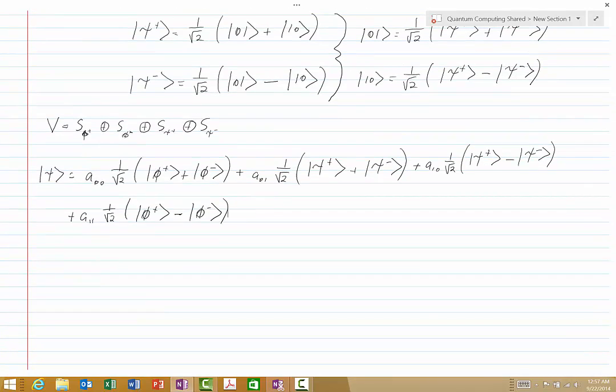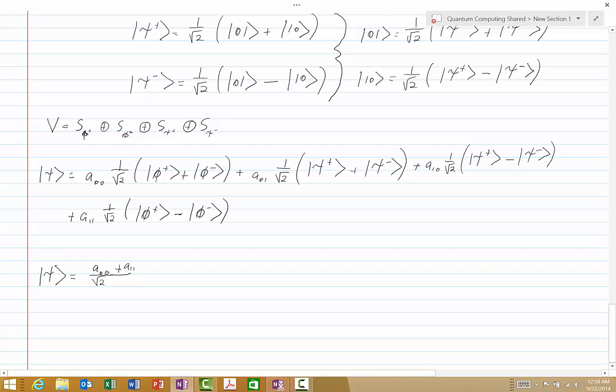And now that we have expressed C in this way, we can group terms together, and we get that C is equal to A00 over the square root of 2 plus A11. In fact, let's write this a little more compactly.